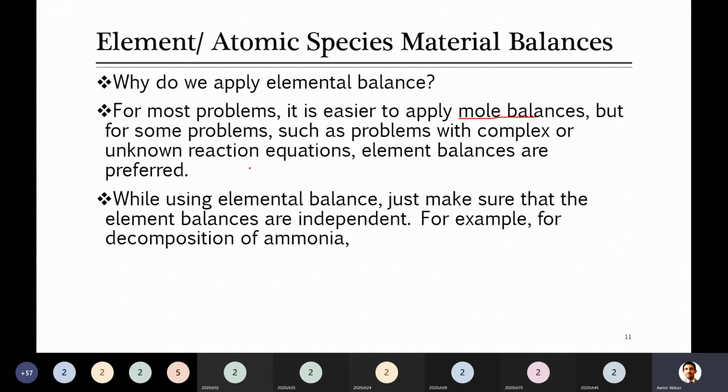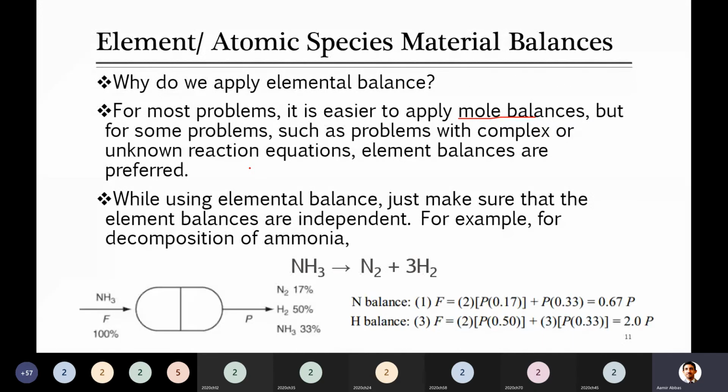Whenever you are using elemental balance, just make sure that the elements are independent. For example, here is the balance between NH3 goes to N2 plus 3H2. I will again advise you, because I have to finish quickly, to write the balance of nitrogen and hydrogen. Although balances and equations are already given, just look at them carefully. If you don't understand, let me know in the next lecture tomorrow.